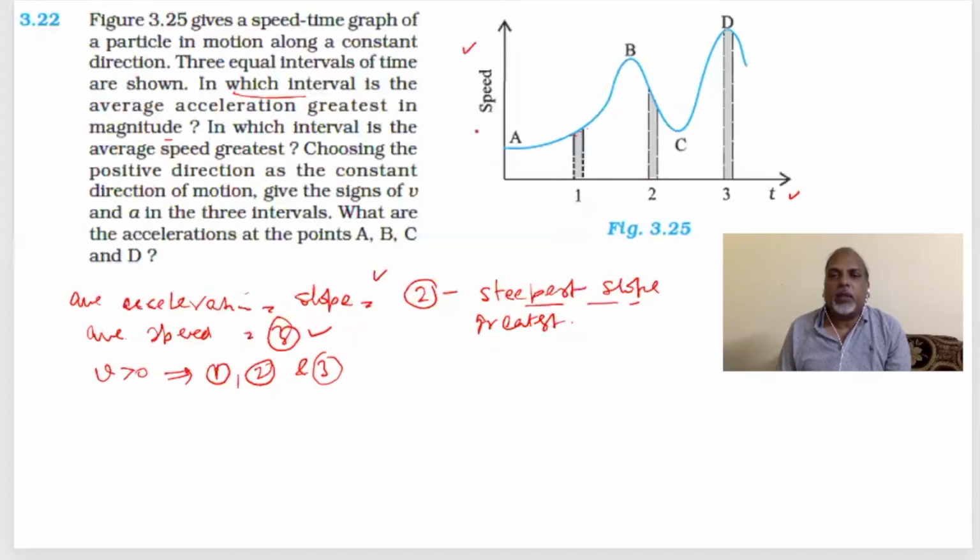This axis is positive. So all the speeds will be positive here. There is no doubt about it.